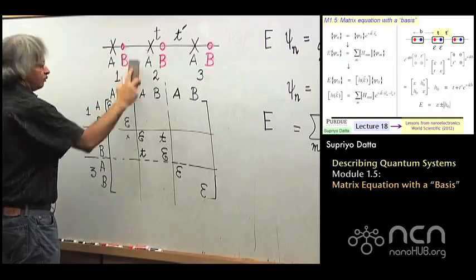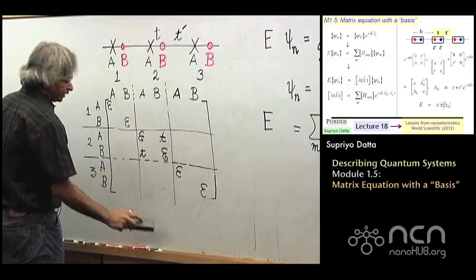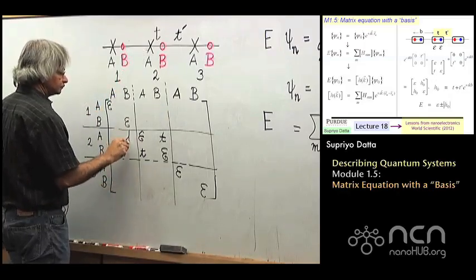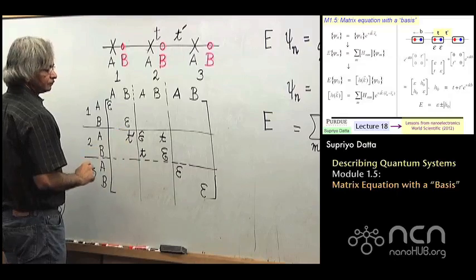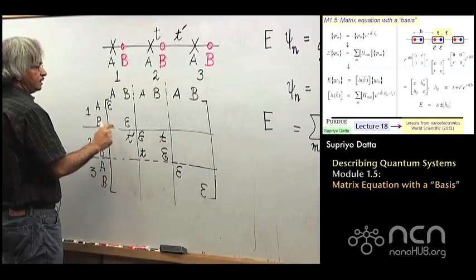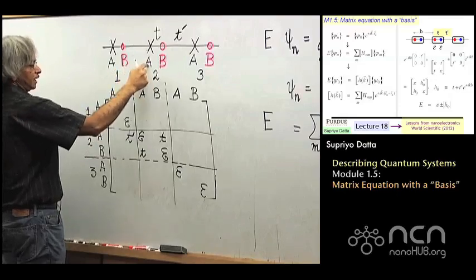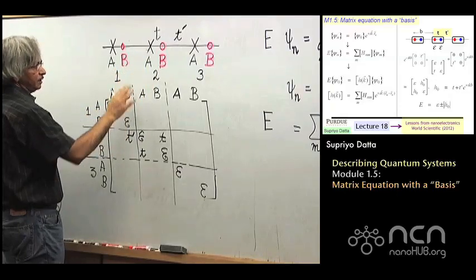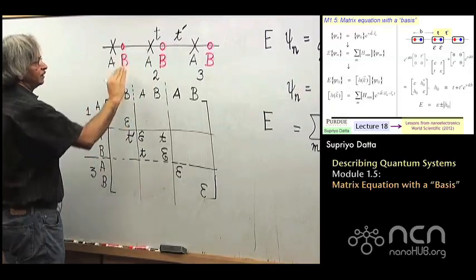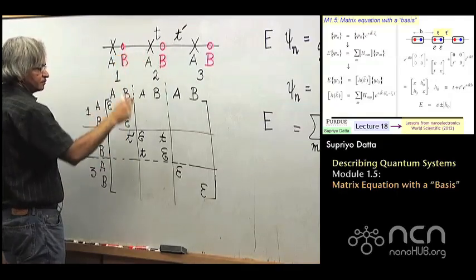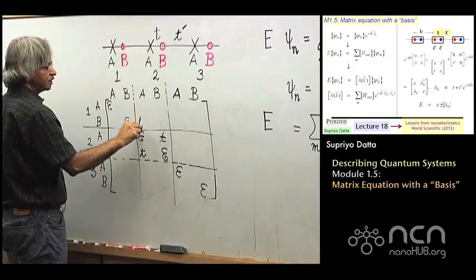And so what we need to do is put a T prime there. And if you look at 1B and 2A, that's the same as 2A and 1B, because these connections are always mutual. That is, if this is weak, so is this. So if this is a T prime here, you'll also have a T prime there.